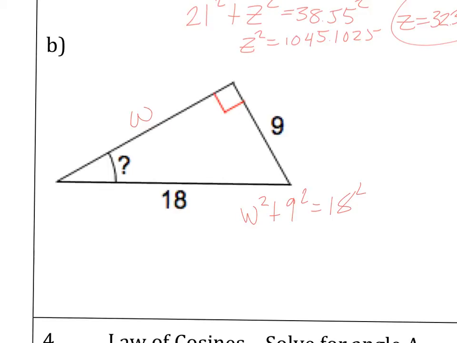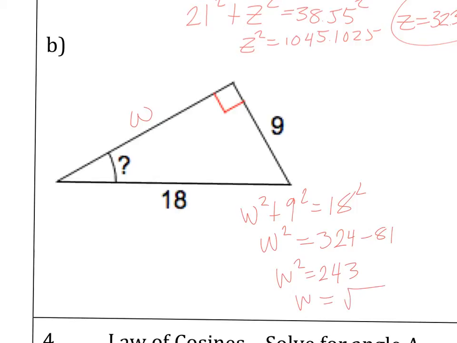If I do that out, W squared is equal to 324 minus 81, which is going to be 243. Square root both sides.